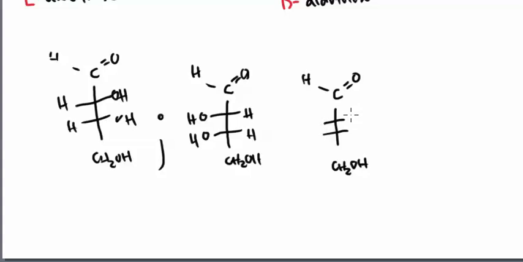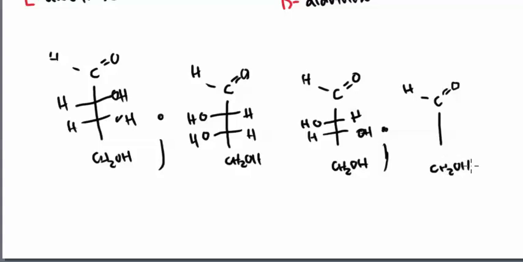So I could have put maybe one on the left-hand side and one on the right-hand side. That would be a different sugar. And then finally, I could flip that orientation around a little bit. The OH group that I chose to put on the left here could go on the right-hand side there. And the OH group that I chose to put on the right-hand side here could go on the left-hand side there. And that's a different sugar.